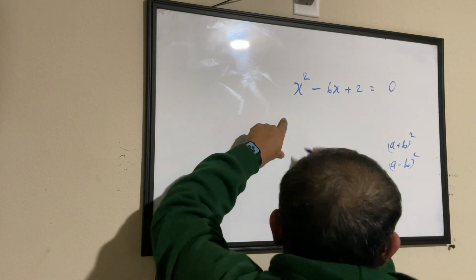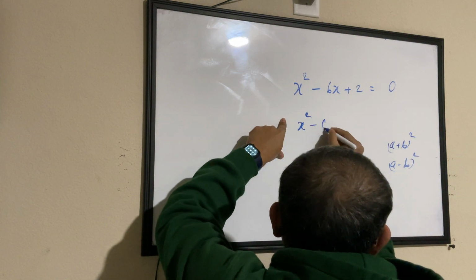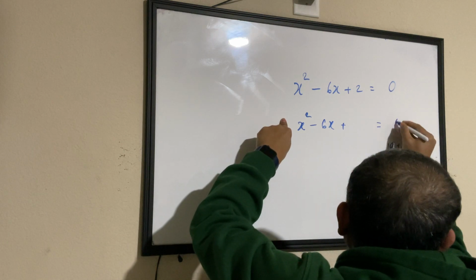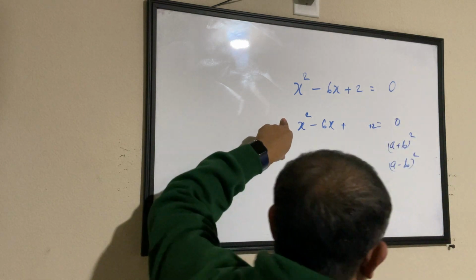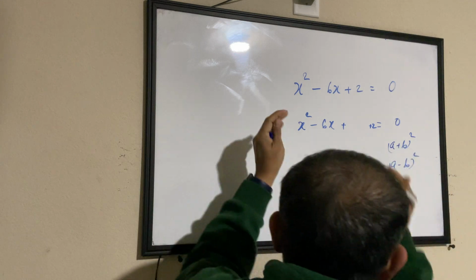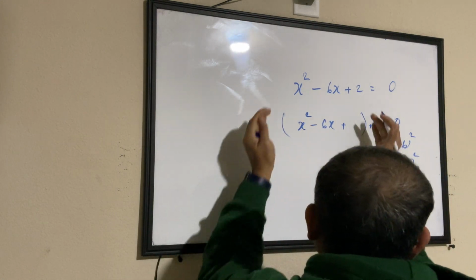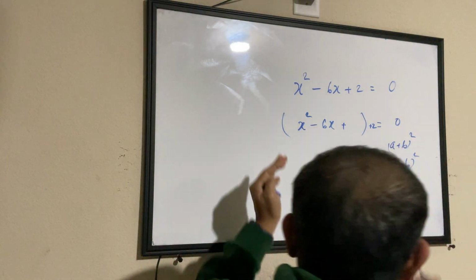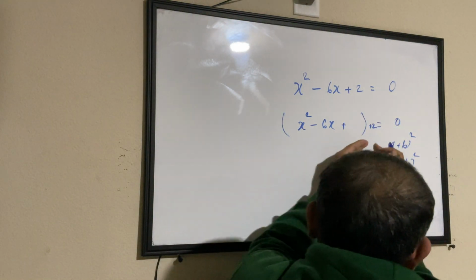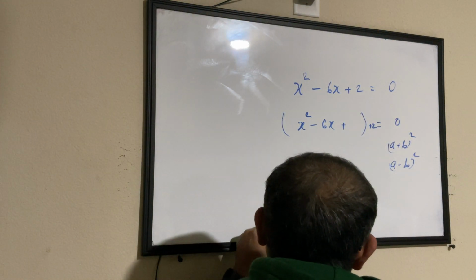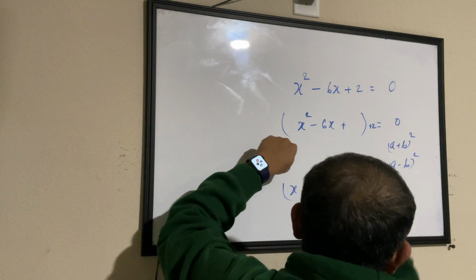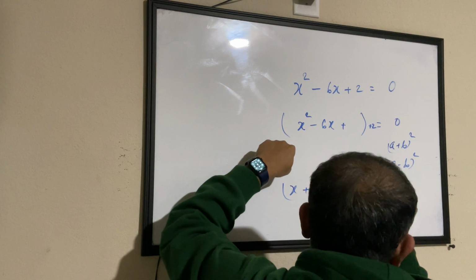If I have x squared minus 6x plus something, and then I have a 2 already, equals 0, and I can put something here so that this part alone becomes a square, then let's say it is x plus 3 whole square plus 15 or whatever.